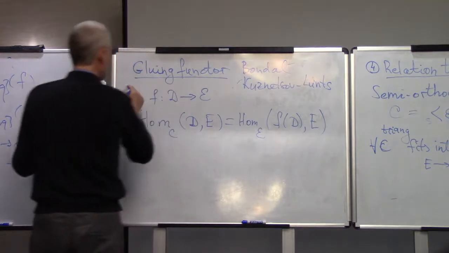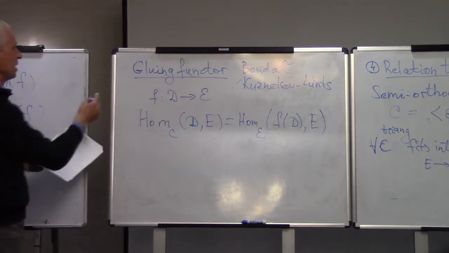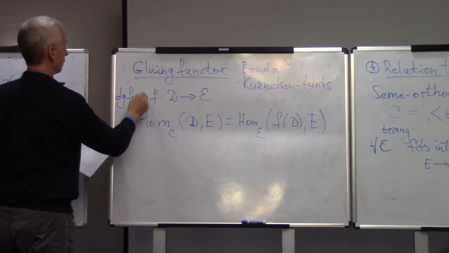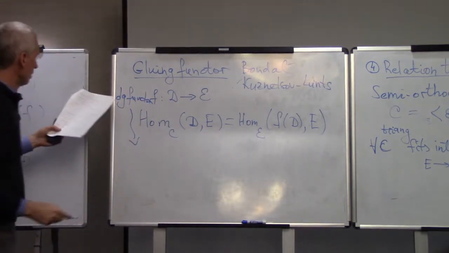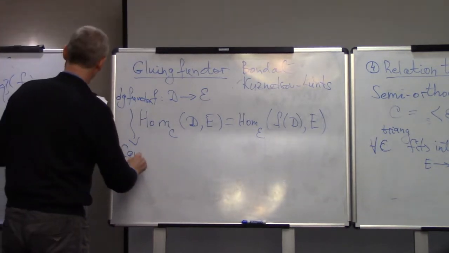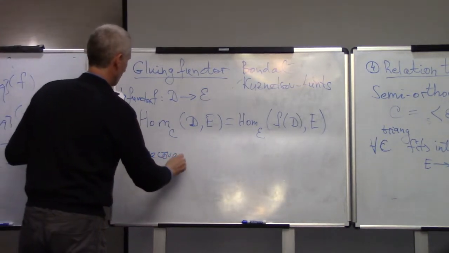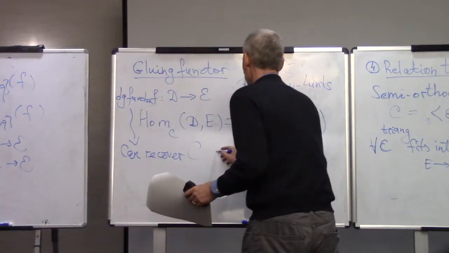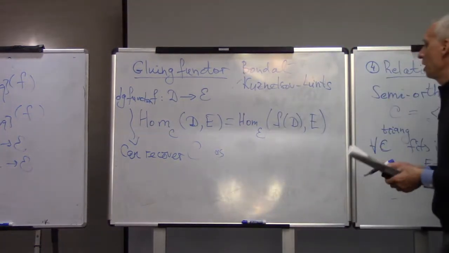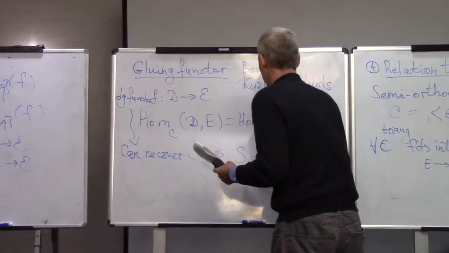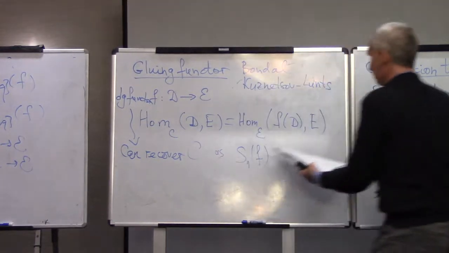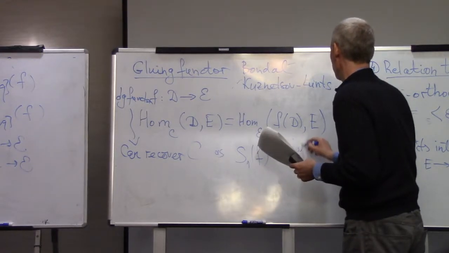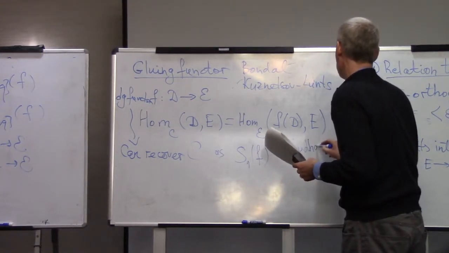And if it is given as a DG functor, from this we can recover C explicitly. A good notation which I want to use: I write S1 of F, signifying the first term of the Waldhausen S construction.